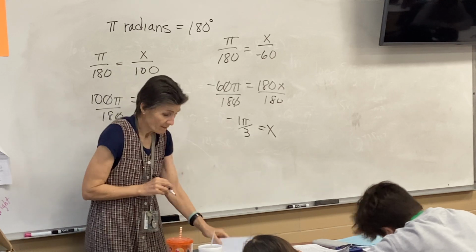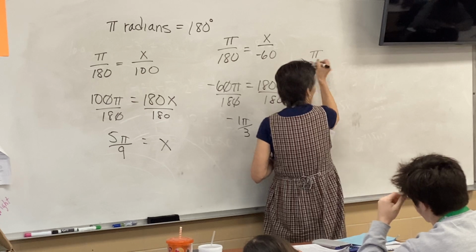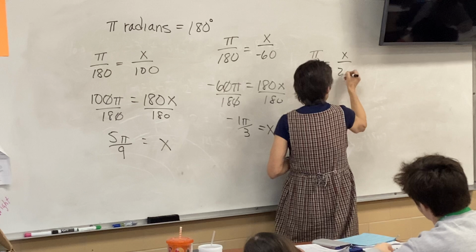All right, last one in this section. What's your setup for problem C? What did you write down? Pi over 180 equals x over 210.